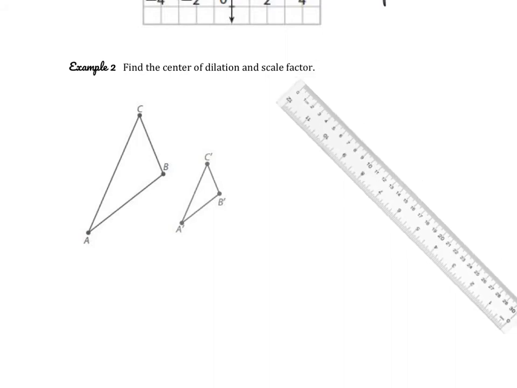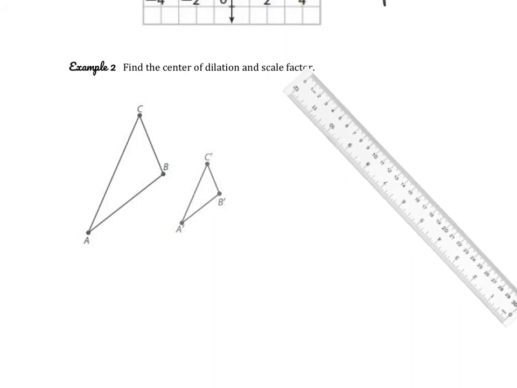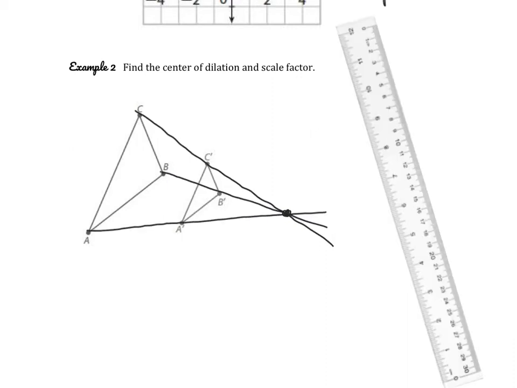I need to move my ruler to draw it, but you would actually use your ruler to do this. So your line should be a little bit straighter than mine. You draw a line through each of the corresponding points, and hopefully you get a single point of intersection. So this point right here, we can label it point D. This is our center of dilation.